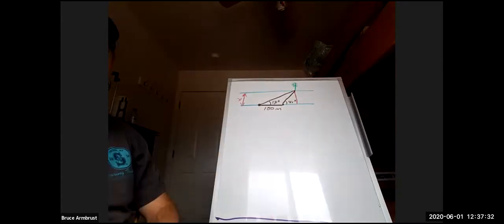Bruce, I'm not sure if it's the point of the problem, but why wouldn't you just take your measurement from that point in the first place and make it a 90-degree angle? Wouldn't that be a lot easier? And then you can work from there. Well, all I can measure is an angle. I can't measure how far that is. Well, yeah, but then you would know the three angles. I just figured it'd be easier that way.